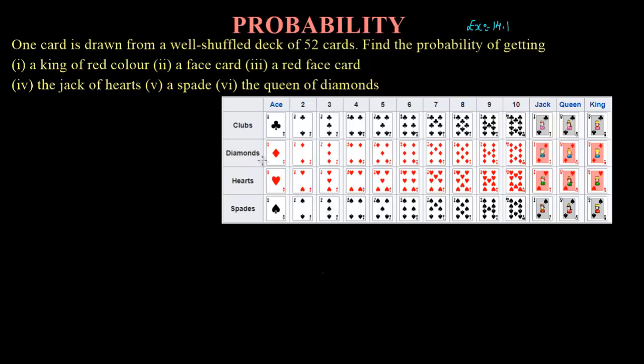And out of these cards you have black and red color. All the cards you can observe here, always the clubs and the spades will be in black color, and diamond and heart cards will always be in red color. So you can observe 20 red and 20 black.